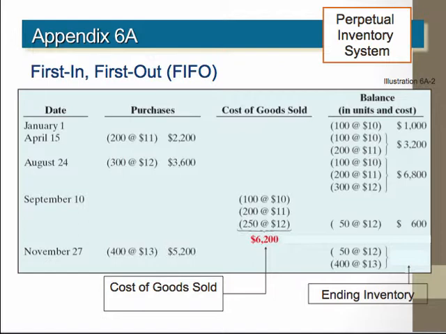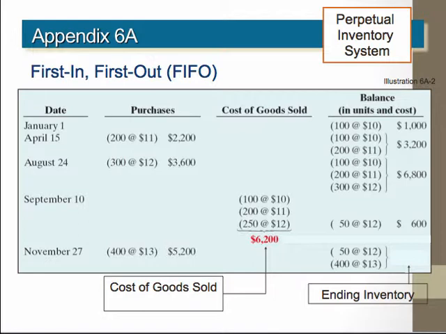The total of the 300 items is $3,200. We would do the same thing for the August transaction, showing that we still have the 100 units at $10, the 200 units at $11, and the 300 units at $12. Total at August is an inventory balance of $6,800.